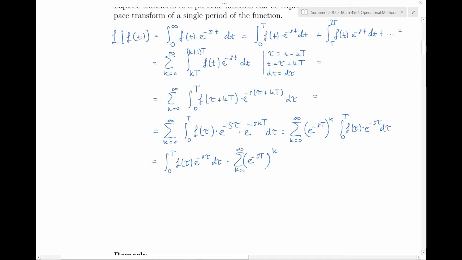Since e to the minus sT is a constant for every s, we can view it as a geometric series. And a geometric series has a very easy formula for summation.